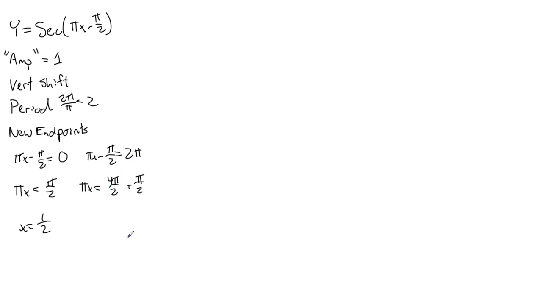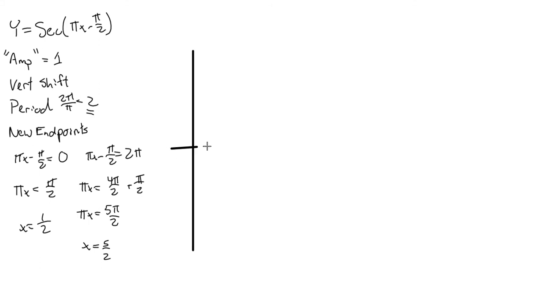These two are equivalent. And I have pi x equal to 5 pi divided by 2. Just like before, I divide both sides by pi here, and I get x equals 5/2. And again, it's important to note that 5/2 minus 1/2 is 4/2, which gives us the correct period of 2. So I feel fairly confident in that.